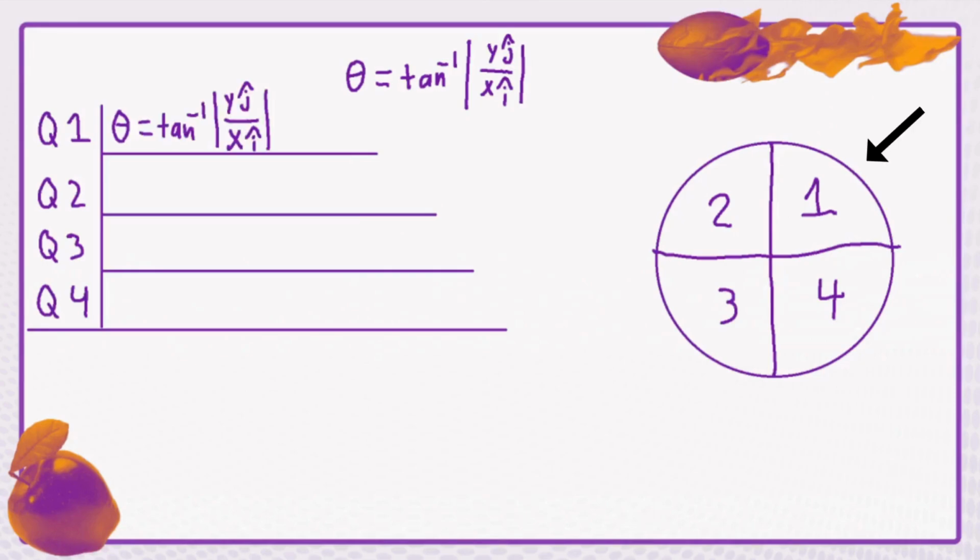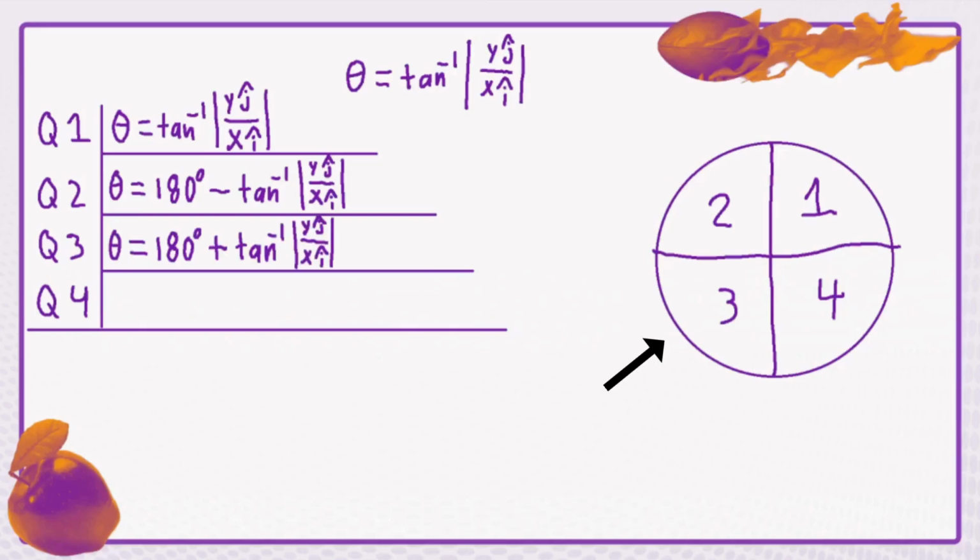For the first quadrant, we can use the equation by itself, because it works from 0 to 90 degrees. For the second quadrant, we subtract the inverse tangent from 180 degrees. For the third quadrant, we add inverse tangent to 180 degrees. And for the fourth quadrant, we subtract inverse tangent from 360 degrees.